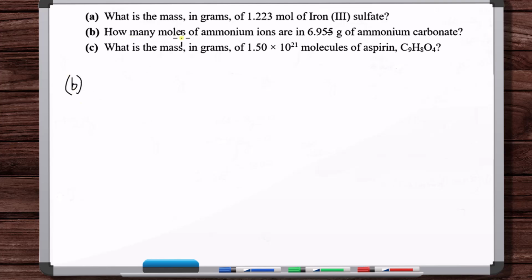Okay, how many moles of ammonium ions are in 6.955 grams of ammonium carbonate? Okay, so the ammonium ion is NH4 plus, and the carbonate anion is CO3 2 minus.